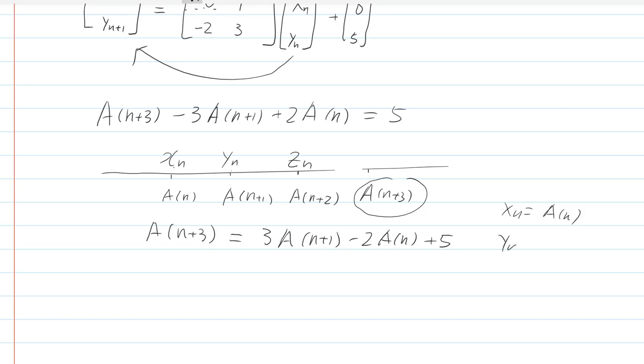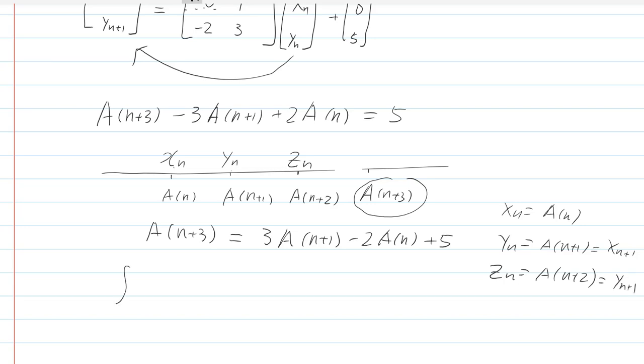And y_n is going to be a_{n+1}, and z_n is going to be a_{n+2}, right? Because all these x, y, z are really just this sequence a_n, you can see that this is really x_{n+1}, and this is really y_{n+1}.